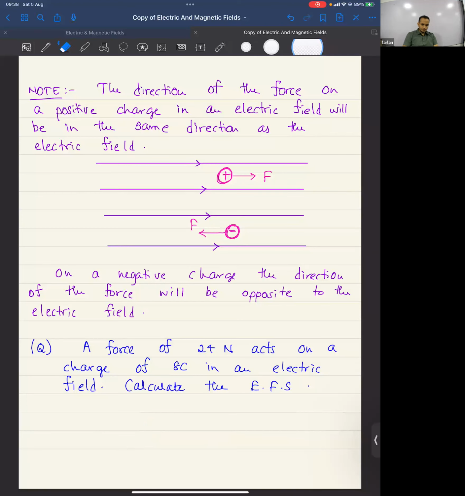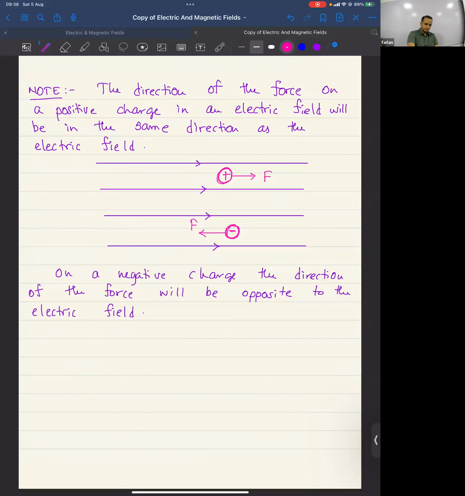Can you draw the diagram? And then below that mention that on a negative charge, the direction of the force will be opposite to the electric field.